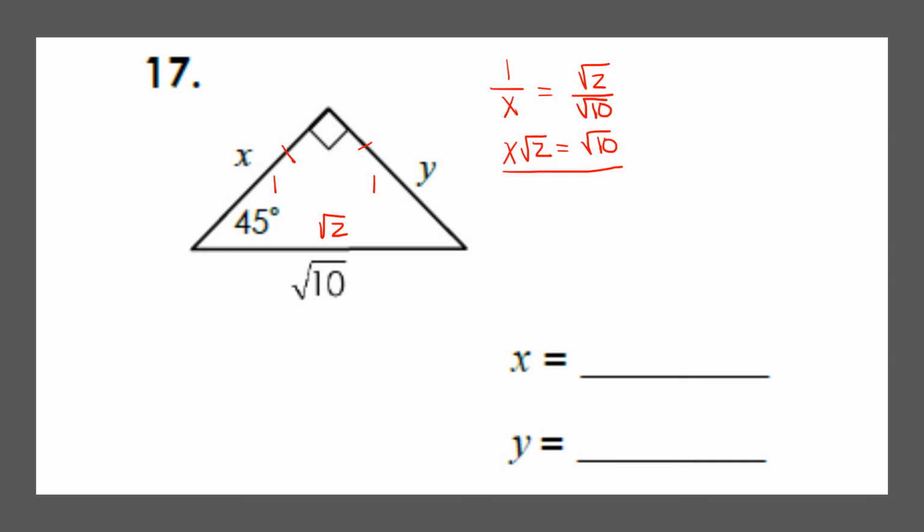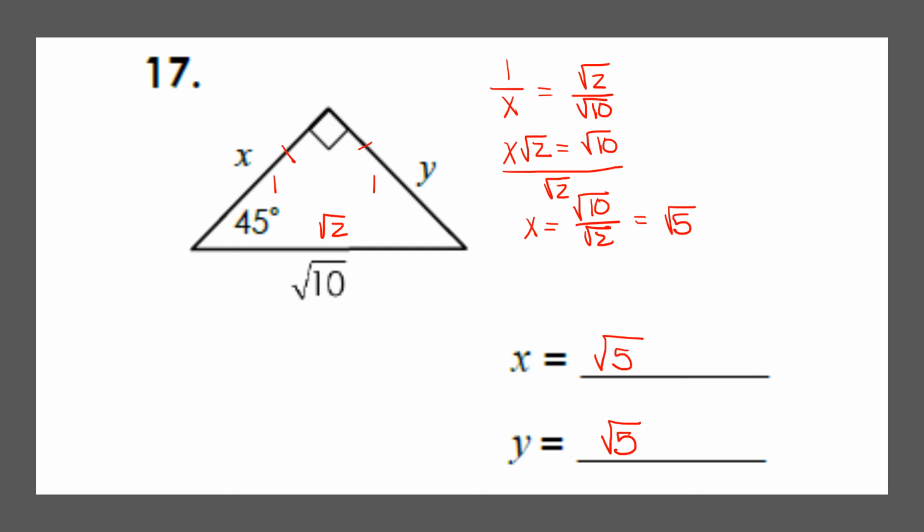I'm going to divide both sides by radical 2. Whenever I divide, I can divide underneath the radical sign. So I can take radical 10 and divide it by radical 2. 10 divided by 2 is radical 5. So x and y here will both be radical 5.